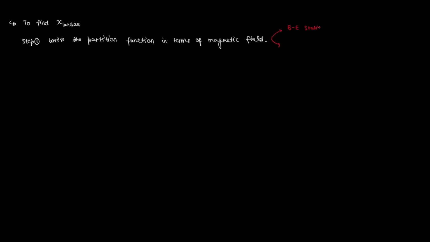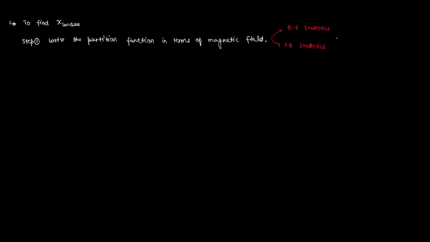Now in order to calculate the magnetic susceptibility, apply the following steps. The first step is to write the partition function in terms of magnetic field. Here we can use either the Bose-Einstein statistics or the Fermi-Dirac statistics.